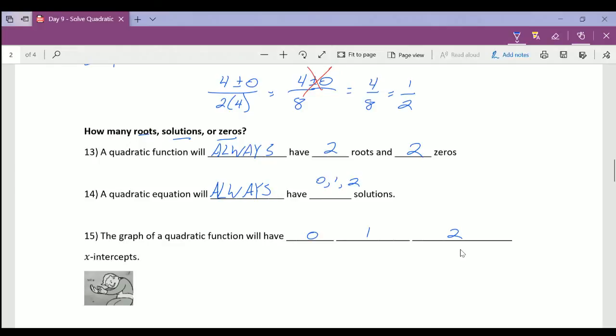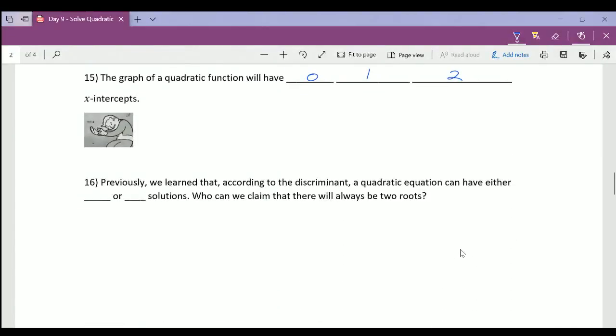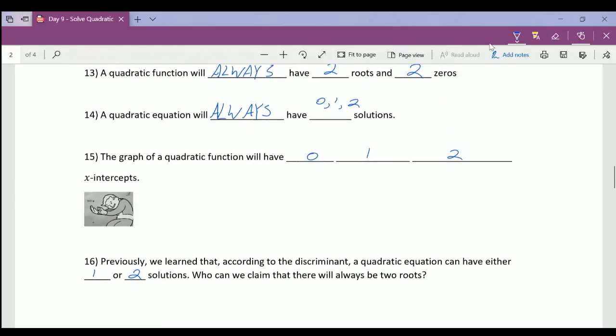Alrighty? And we did spend a little bit of time. We learned that the discriminant, the quadratic equation, is either going to have one or 2 solutions. Okay, I guess I should have ignored that 0 here. That was me not thinking correctly.